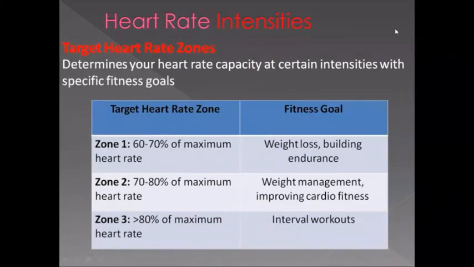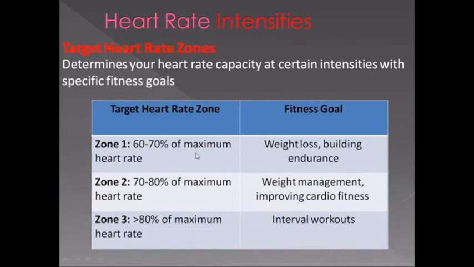The target heart rate zone. So it determines your heart rate capacity at certain intensities with specific fitness goals. Let's say, for example, the fitness goal is weight loss. So meaning to say that you are in zone 1. You're going to get the 60% to 70% of maximum heart rate.